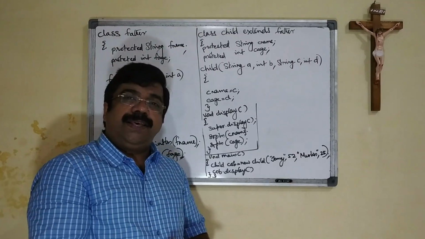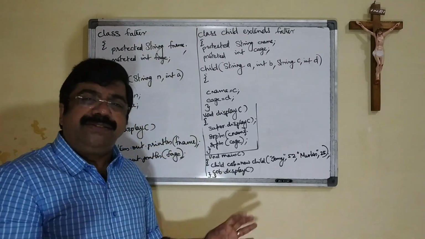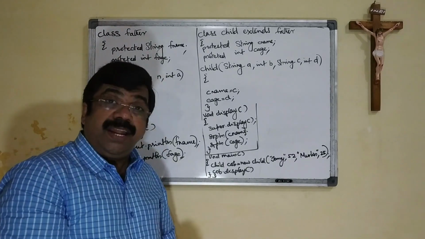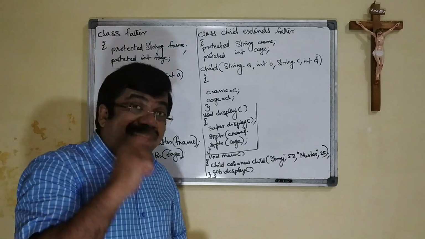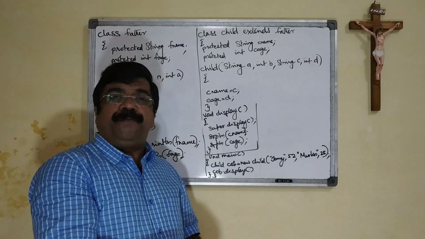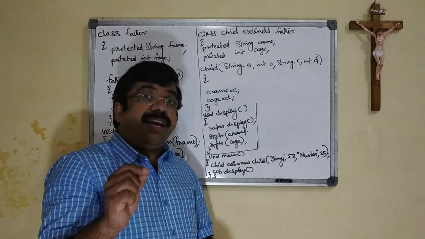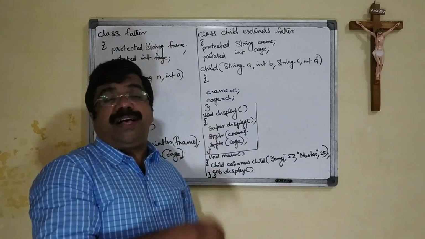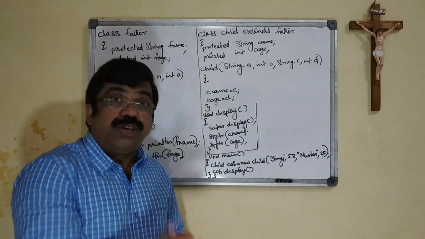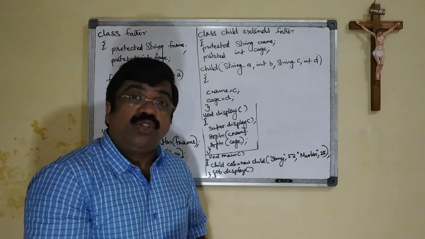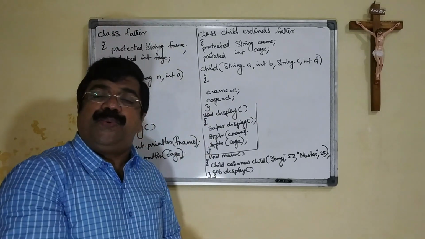Why? The reason is this: when we have a base class constructor with parameters, it is the responsibility of the derived class to supply the values for the base class also.